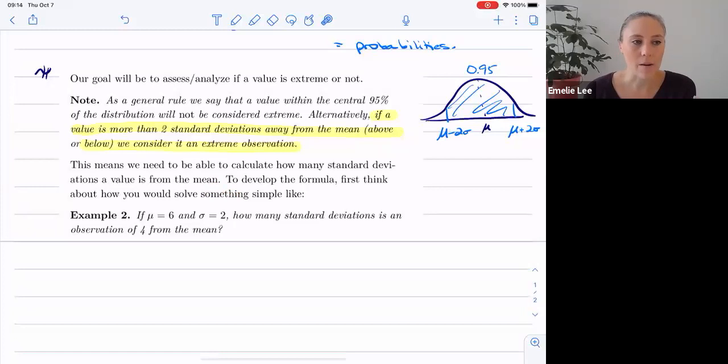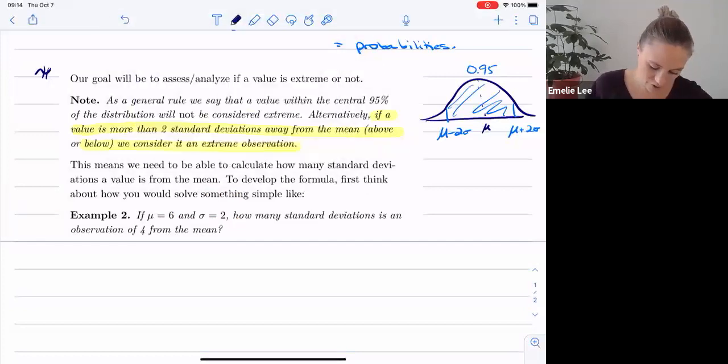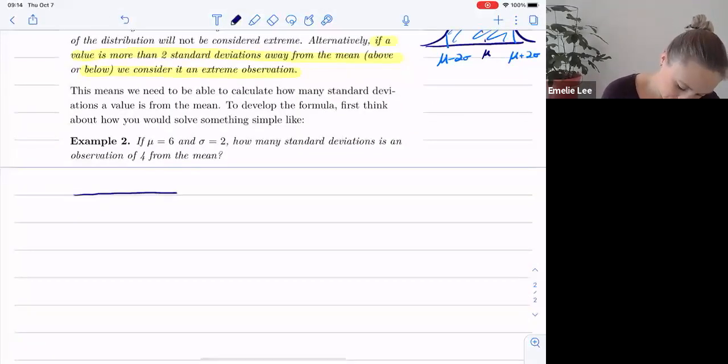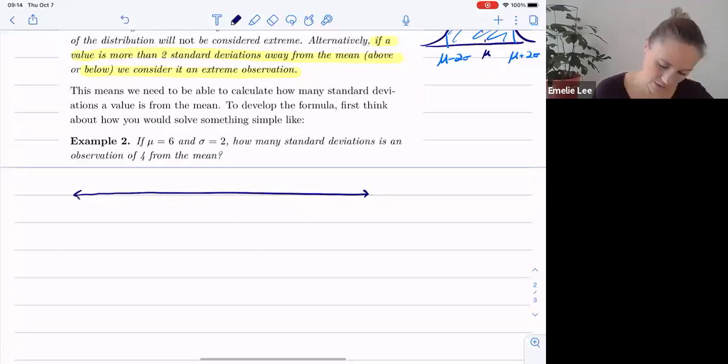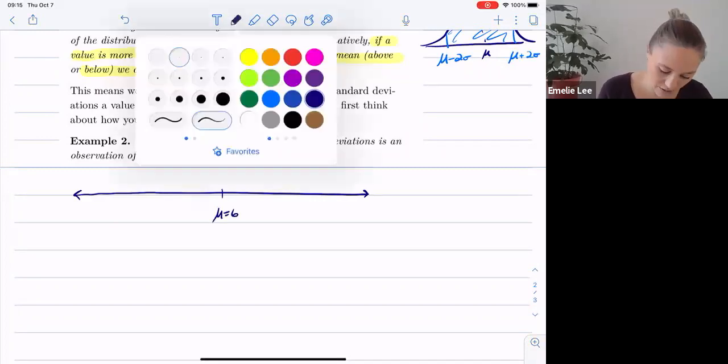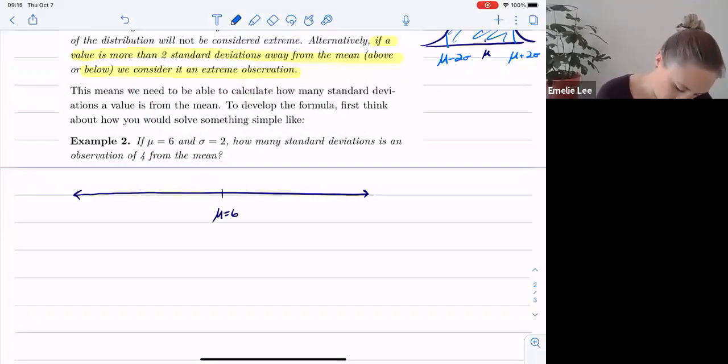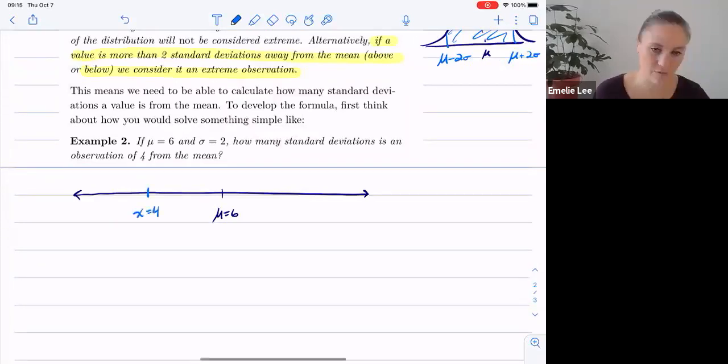And so if you think about something simple, like if the mean is 6 and the standard deviation is 2, how many standard deviations is an observation of 4 from the mean? So what I like to do when I just map this out is I just draw a number line. It keeps going and going and going. Okay. And at some point I have mu equals 6. The point that I'm interested in is at 4. So I'm going to say x equals 4.